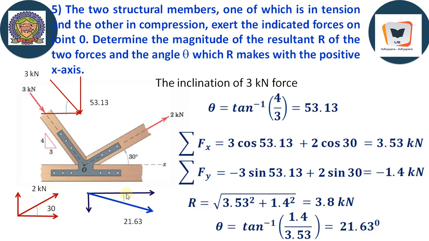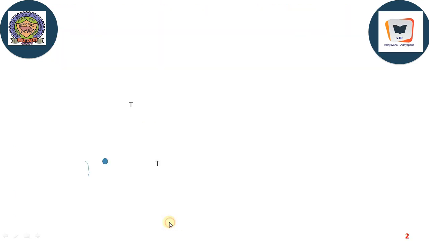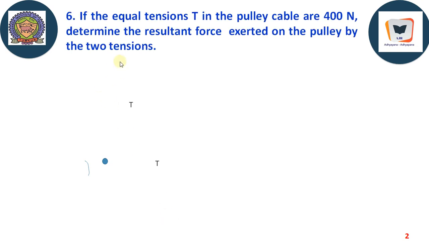That will be the measure of this particular resultant with respect to the positive x-axis. Anyway, this resultant is to be placed over here. When we place this resultant at the point of concurrency, we can afford to remove this force and this force, and this is the net effect that is happening at the point of concurrency. Right. The sixth, and we have numbered the problems in a cumulative order.